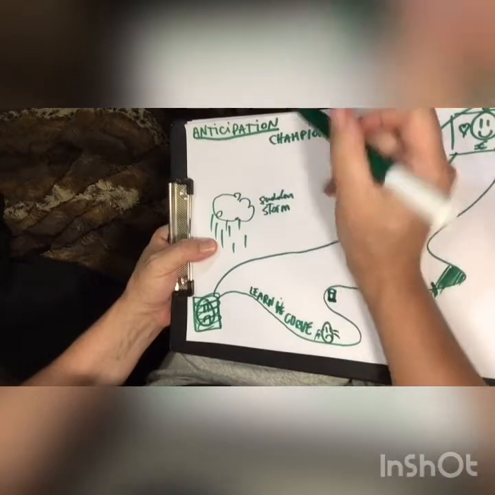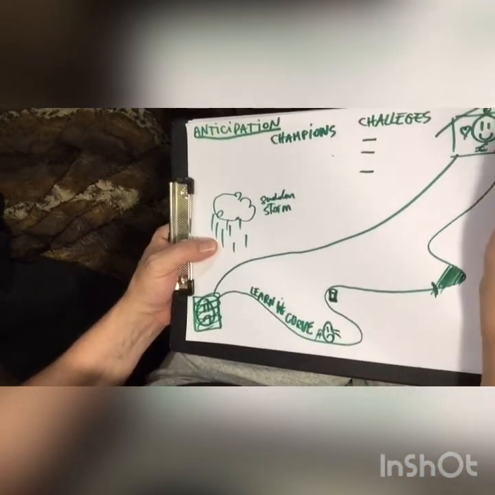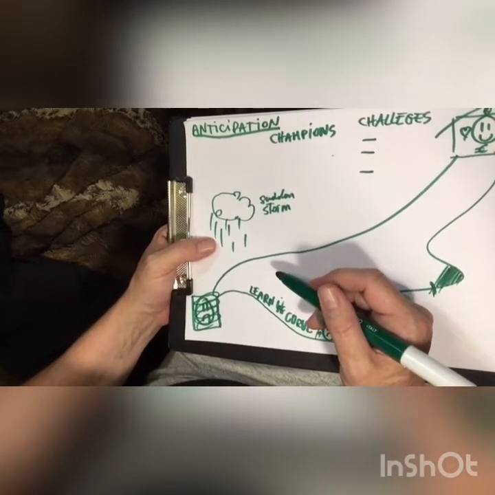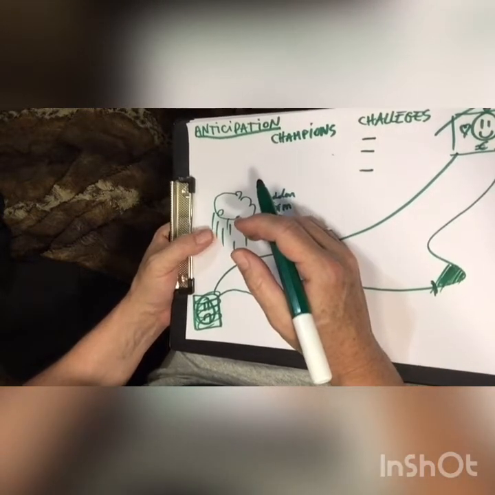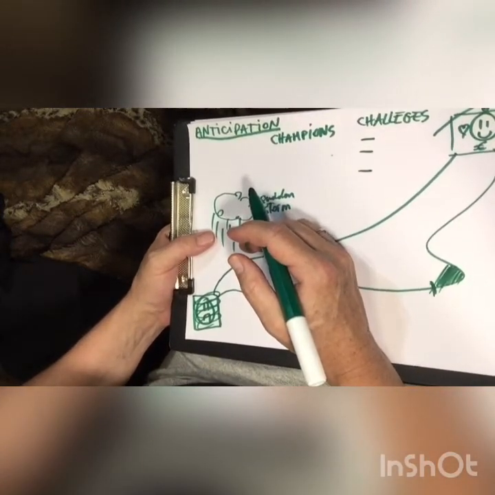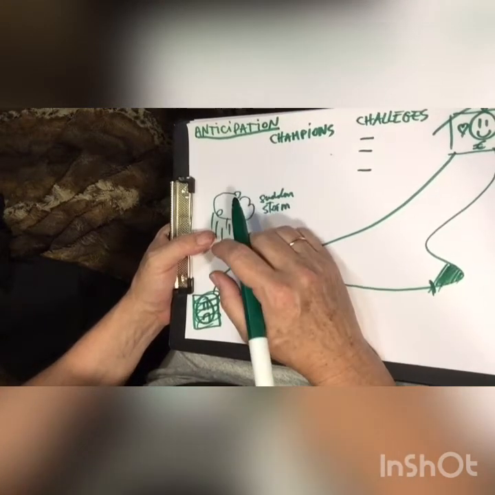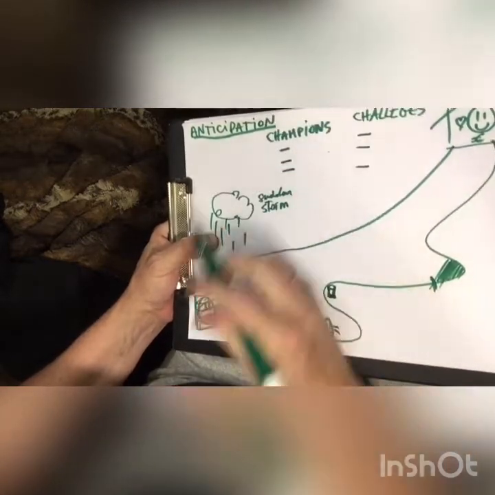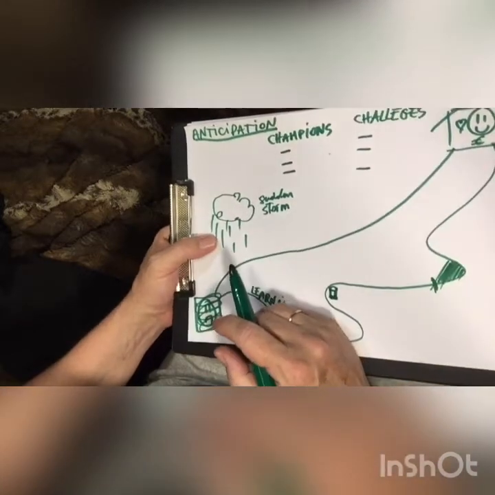These are the champions in your life that want you to reach your ideal lifestyle. Who are they? What do they look like? Think about them. It could be a higher power, it could be people, it could be a team, you name it. What helps you? And list 3 things that help you achieve your challenges.